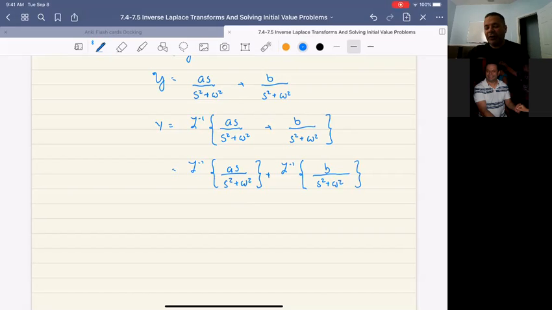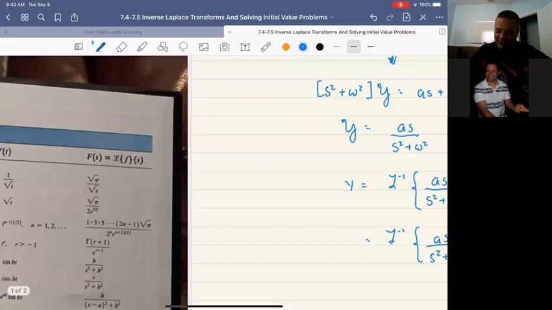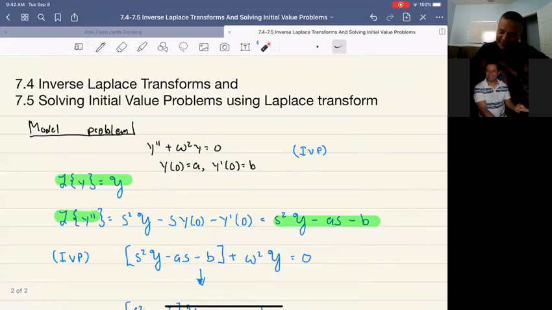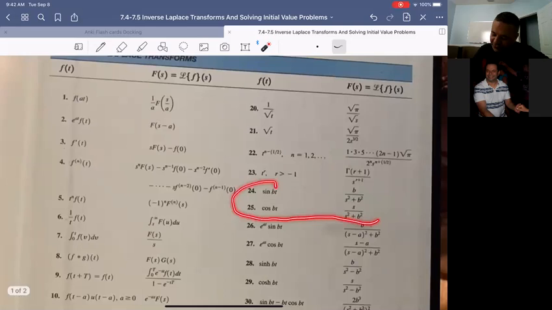Now I'm going to look on my Laplace transform chart. Unfortunately, I couldn't find a formula to take the inverse Laplace transform. The only thing we can do is look at a chart. Now I know what I'm looking for. I kind of know this is going to be sines and cosines, so it's going to be easy for me to see, oh, look, 24 and 25 on this thing. Sine of bt has Laplace transform b over s squared plus b squared.